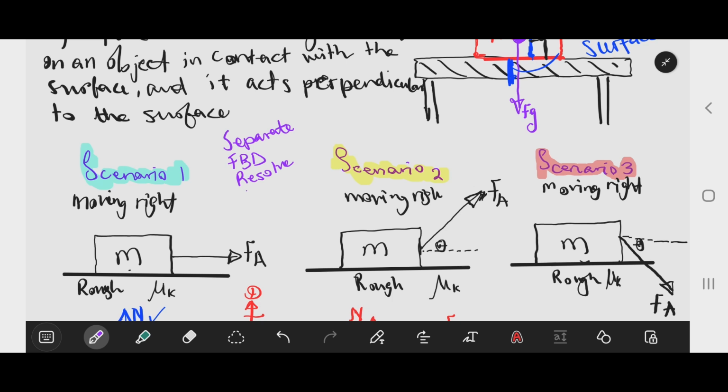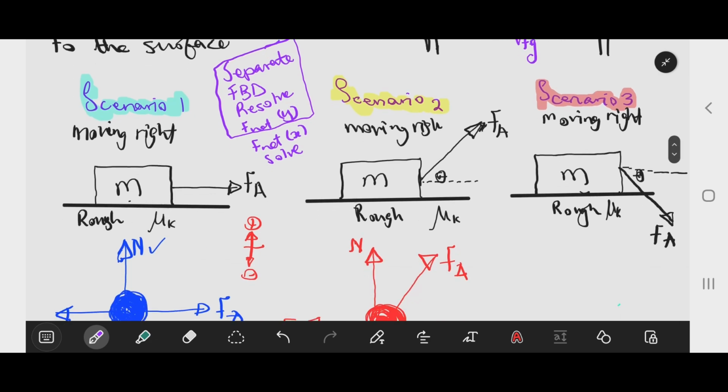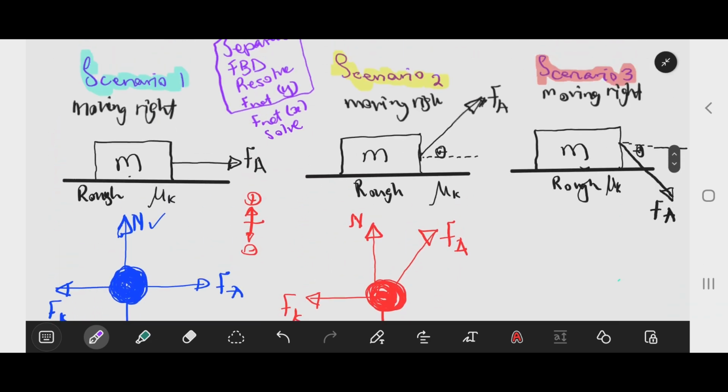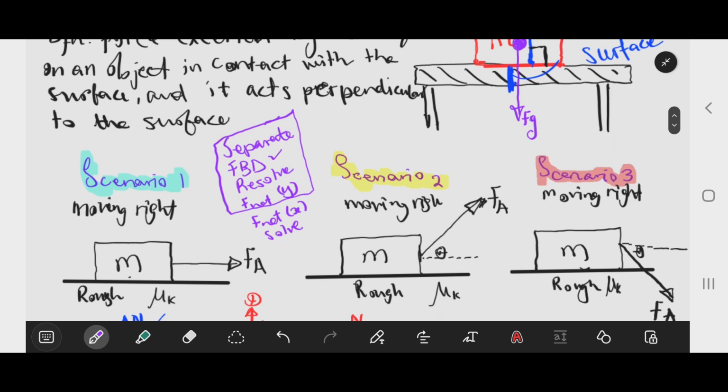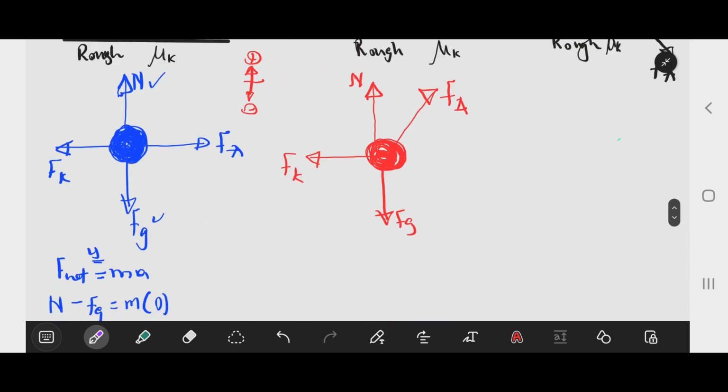Step number 4, F net in the y-axis. Step number 5, F net in the x-axis. And step number 6, you solve, right? But now we are only following these steps because we want to calculate our normal force, right? So we have done step number 2, which is the free body diagram. So now we have to resolve our free body diagram.